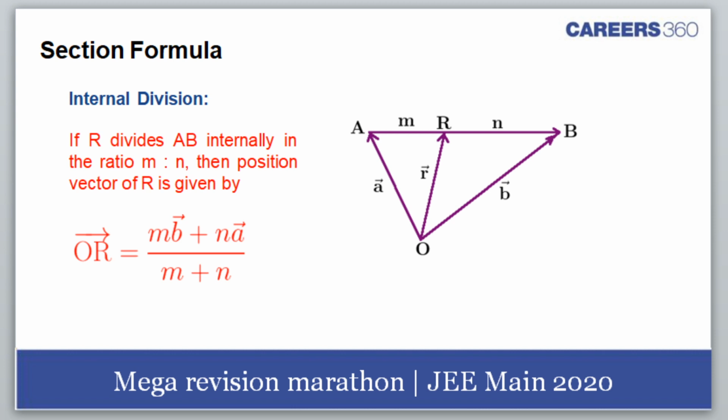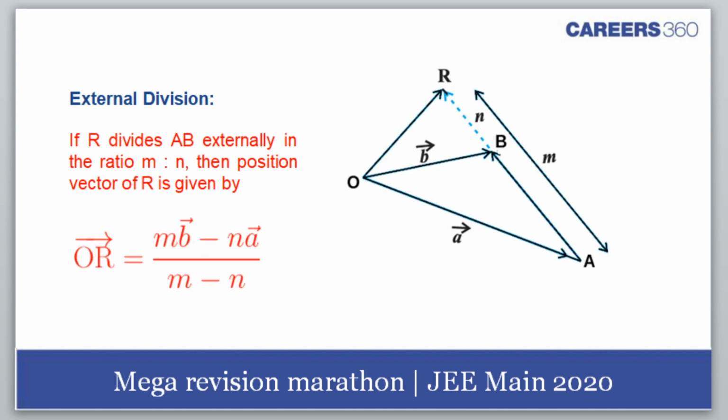But here we have to consider the position vectors of point A and point B only. This is very important. Please note it. I'll not elaborate on this point. We have external division as well, (mb minus na) upon (m minus n). I hope this is revision, so you'll quickly revise this portion.